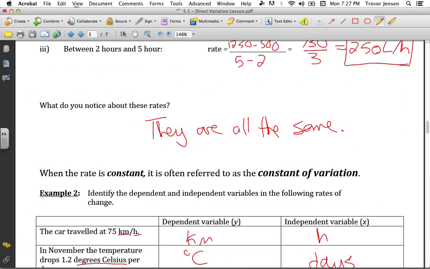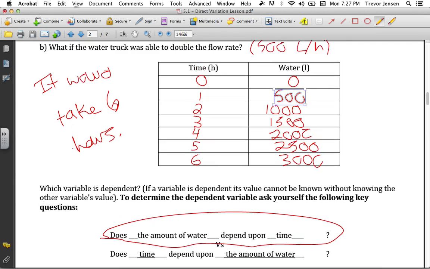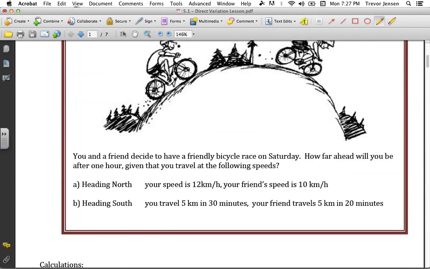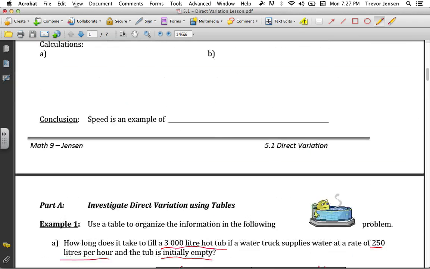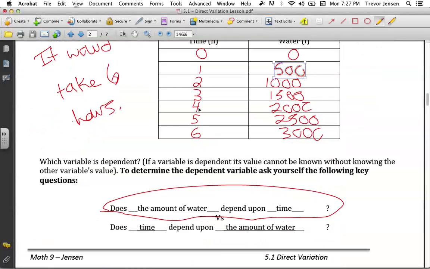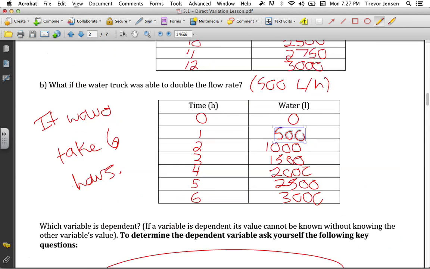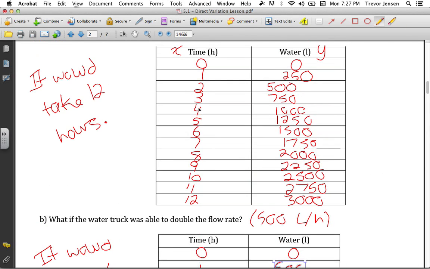And let's look back at our table of values from the previous one. We've got our two variables, time and water, x and y.